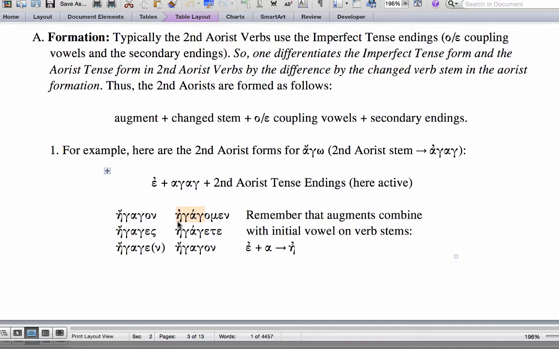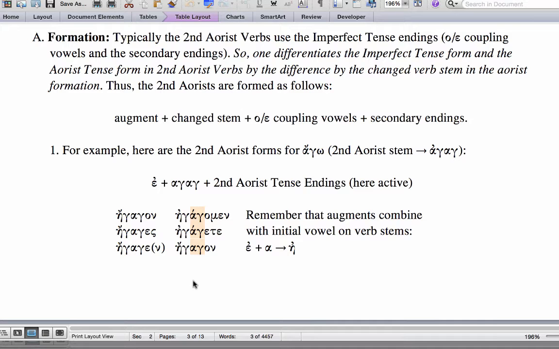Now, the only difference in formation with ago in the imperfect is the different stem. So you're going to use the same endings, but with the stem ag, that would then be augmented. So if you replaced this part of this verb, you would be looking at imperfect tense forms.